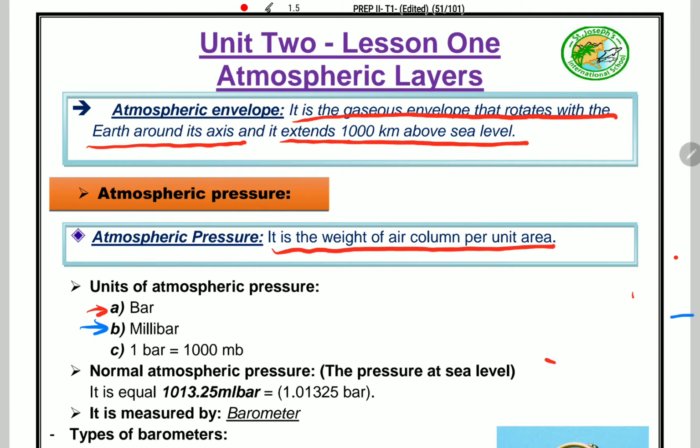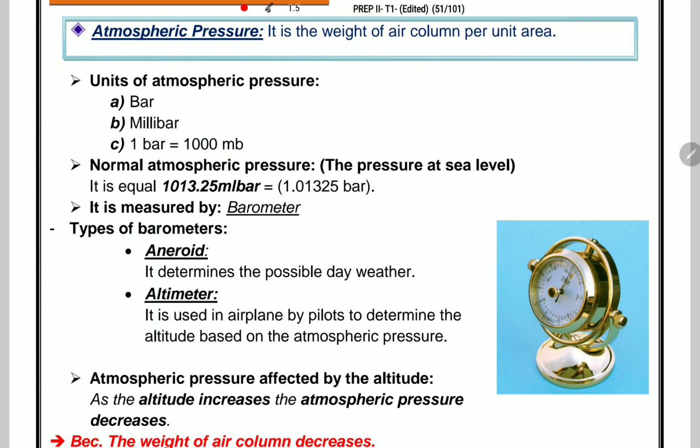The normal atmospheric pressure at the sea level equals 1013.25 millibars, and the device used to measure atmospheric pressure is called a barometer. This device has two types.